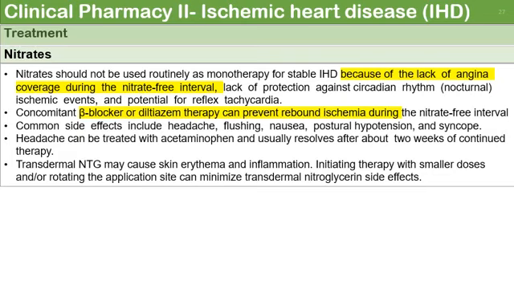Sometimes, to reduce reflex tachycardia or reduce attacks of angina in the nitrate-free period, what should we do? Nitrate plus a calcium channel blocker such as diltiazem or verapamil, or nitrate plus a beta blocker. The problem is that sublingual nitrate gives flushing, severe headache, nausea, postural hypotension and sometimes syncope. To prevent headache we can use paracetamol or acetaminophen.